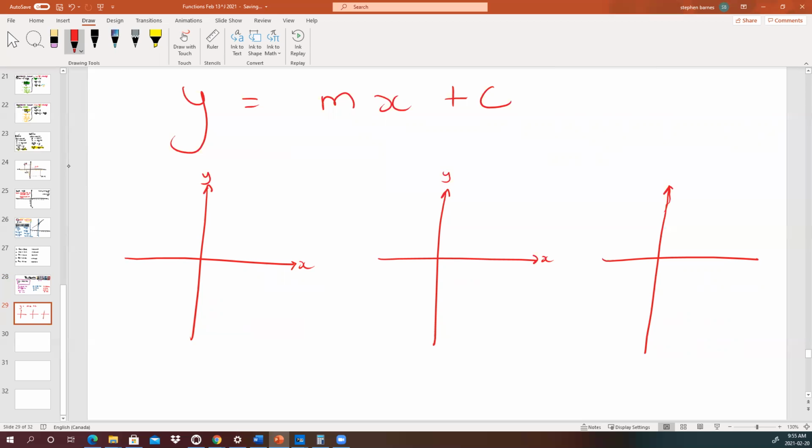However, there are just a few exceptions. If when you draw your line, it is parallel to any of the axes, this equation you don't use, all right?